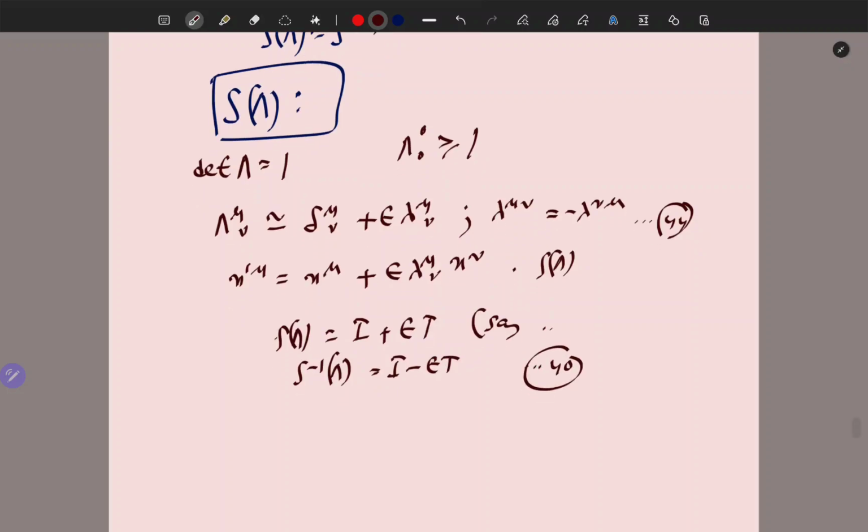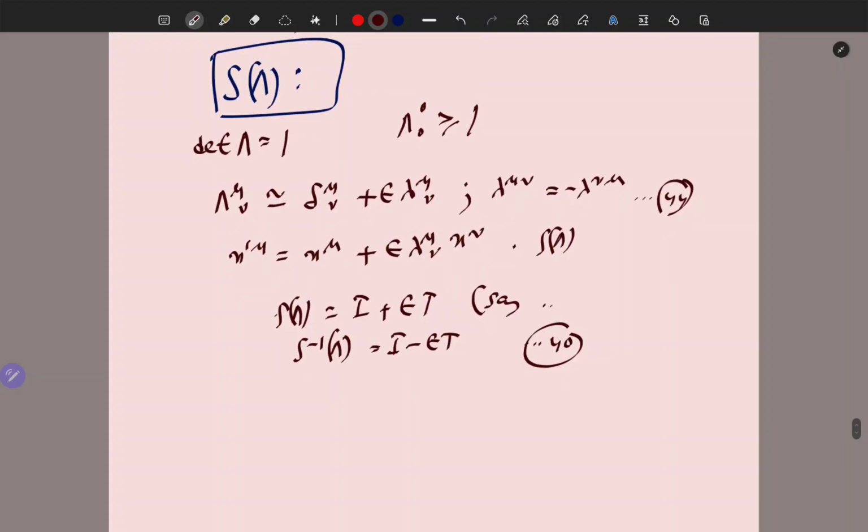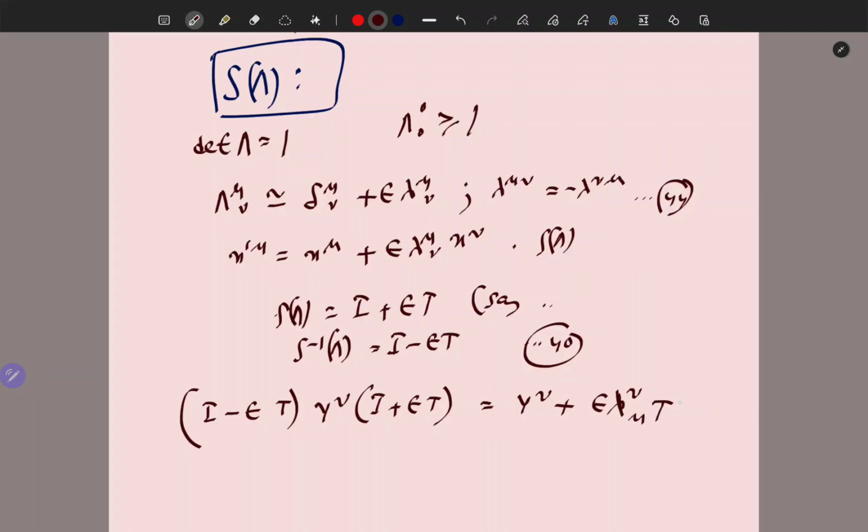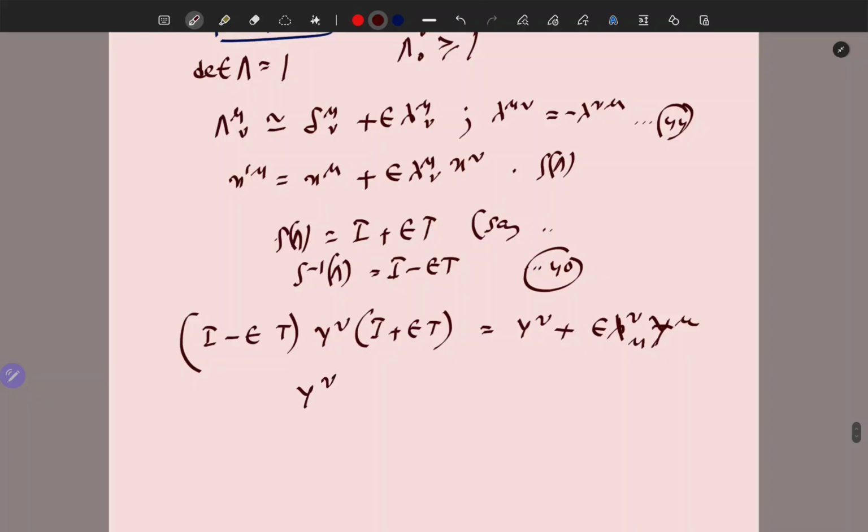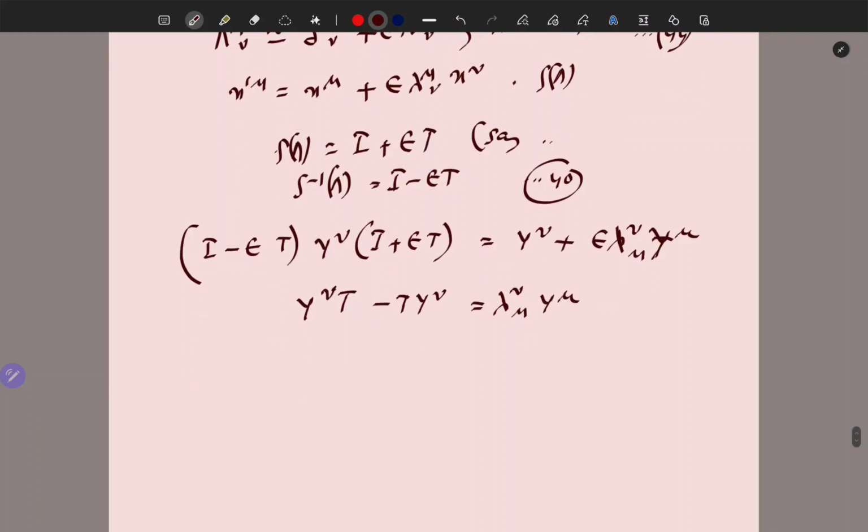Substituting 45 in 21 and using 44, we have (I minus ε t) γ^ν (I plus ε t) equal to γ^ν plus ε λ^{ν}_{μ} γ^μ, that is γ^ν t minus t γ^ν equal to λ^{ν}_{μ} γ^μ. This is equation number 46.